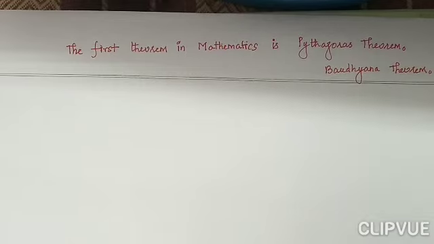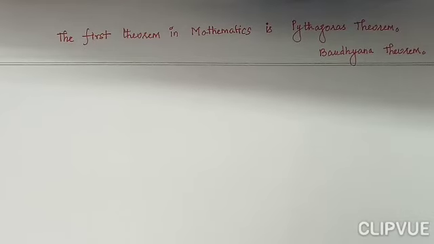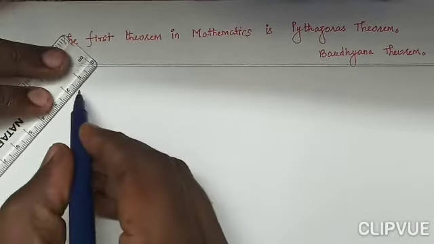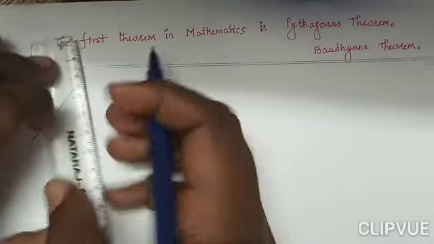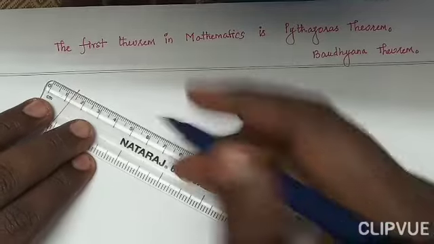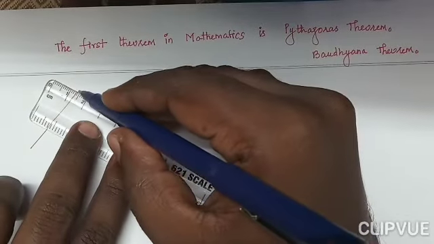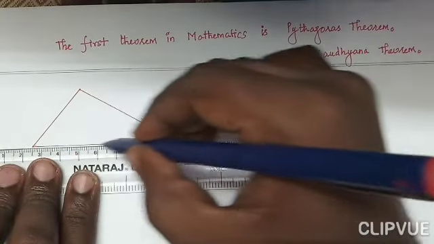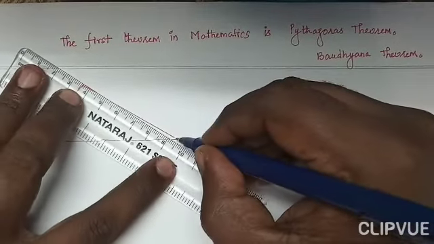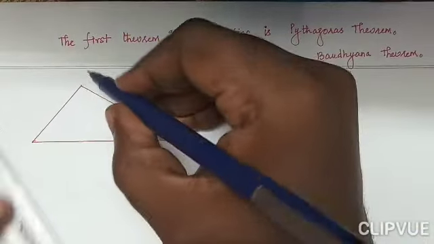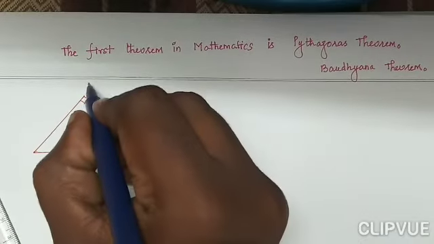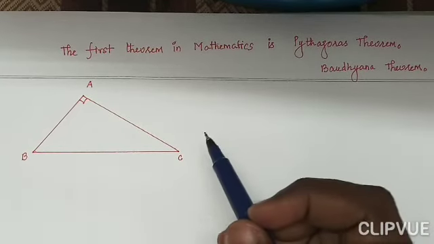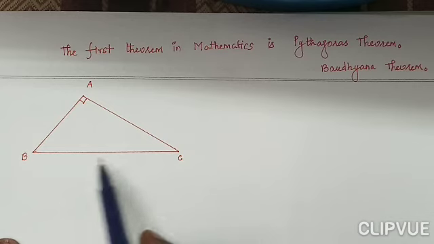Okay, so the theorem states: in a right angle triangle ABC, the square of the hypotenuse, the hypotenuse is the longest side.